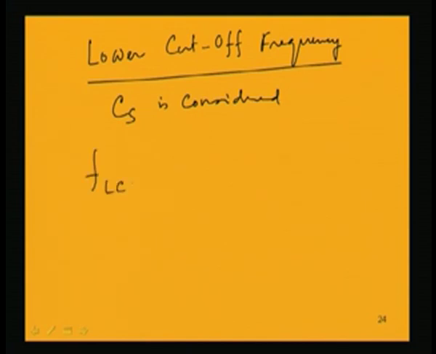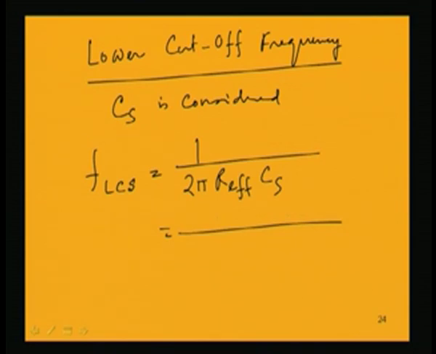The low cutoff frequency due to CS, FLCS, we have analyzed earlier, and we have seen that this is 1 by 2 pi R effective into CS, and R effective for CS is Rs plus Rin. That is the effective resistance for the capacitor CS.